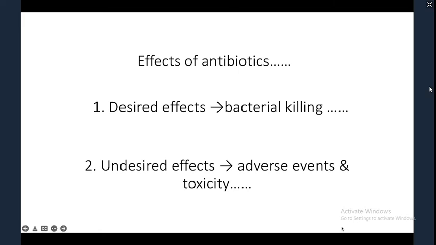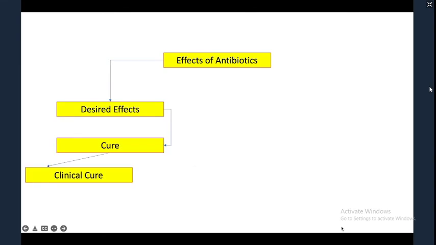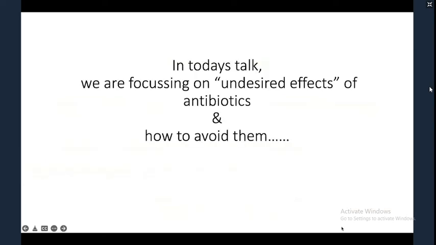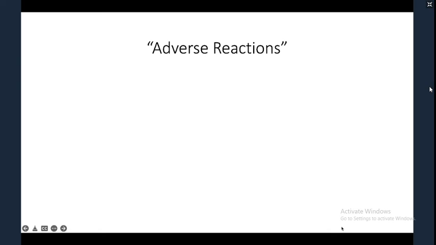The aim of my presentation is to give some inputs on how to prevent adverse events and toxicity associated with IV antibiotics and antibiotic administration. So I will be skipping this part because we have gone beyond the time. So we are talking only about undesired effects of antibiotics and how to avoid them.